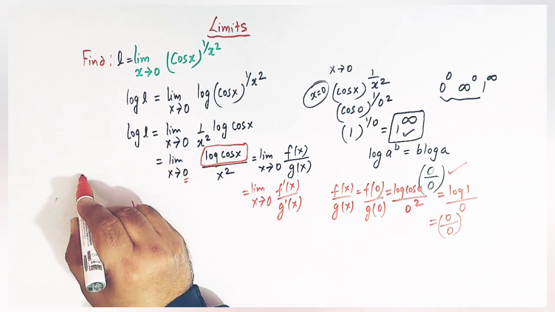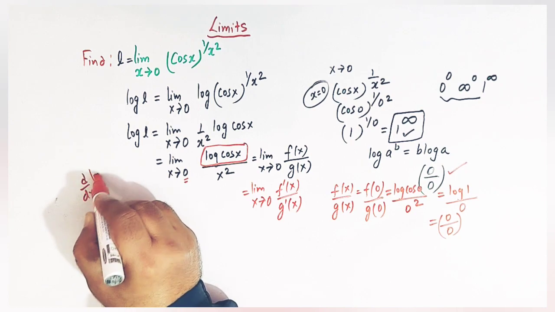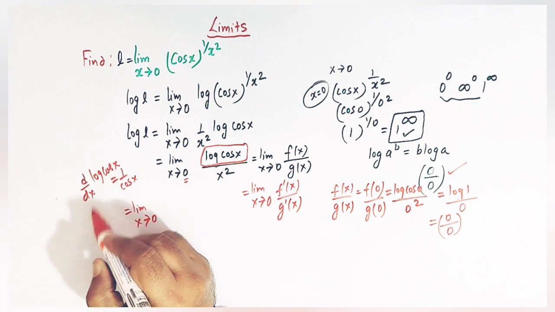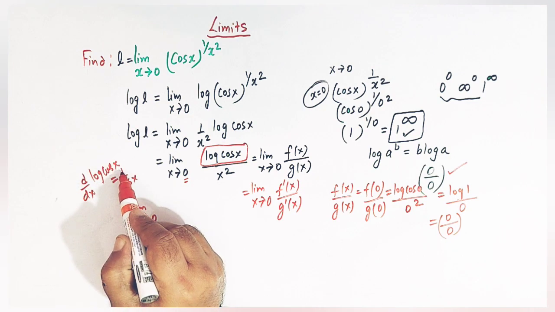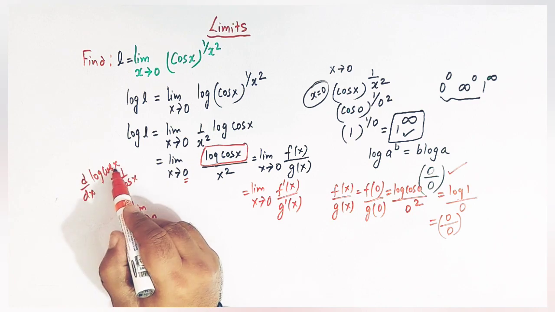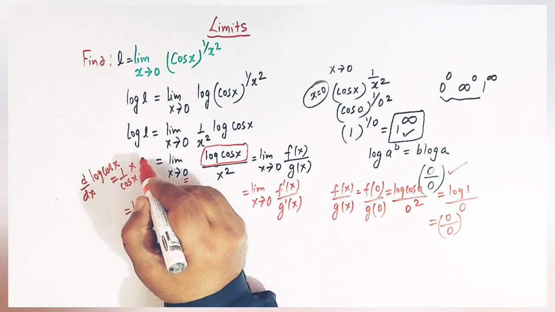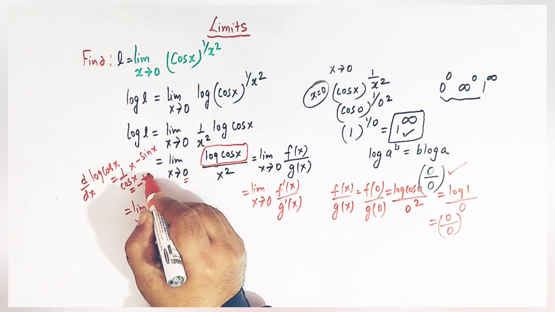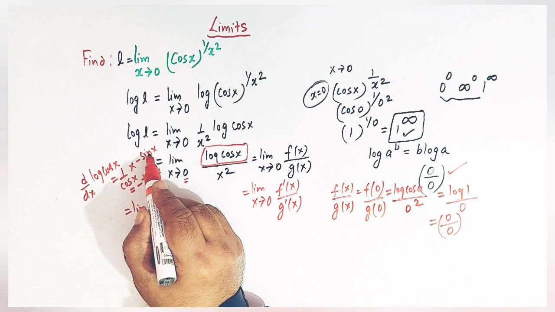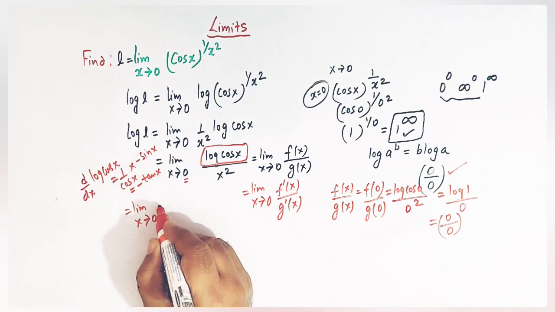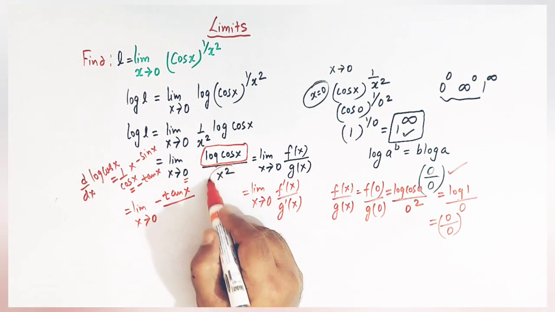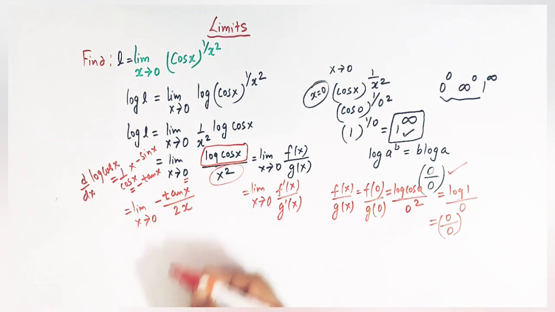So when we differentiate log of cos x, we get 1 over cos x, because the derivative of log x is 1 over x, and then by chain rule the derivative of cos x is negative of sin x, right? So we get minus tan x, right? Because sin x over cos x is tan x. So here we have minus tan x, and the derivative of x square is simply 2x, right?